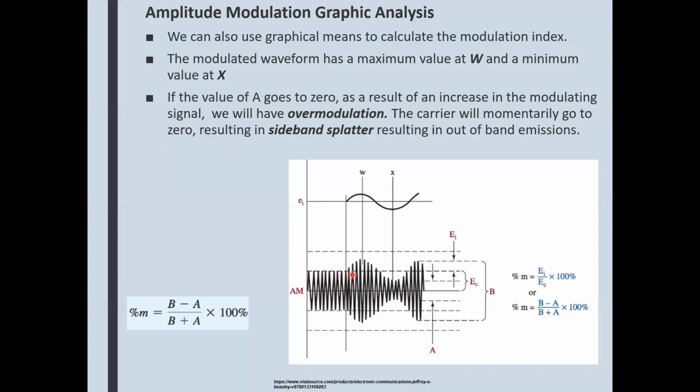Now, the more we affect the carrier, the more we modulate it. So if we have a situation where that waveform pretty much reaches right down to the 0 here, then we have a full scale of modulation, which would be 100% modulation.